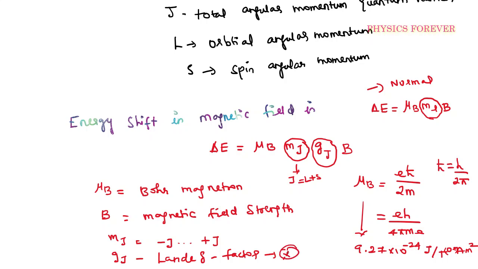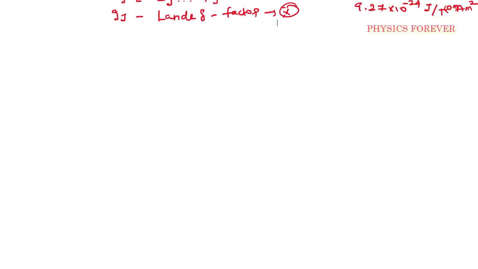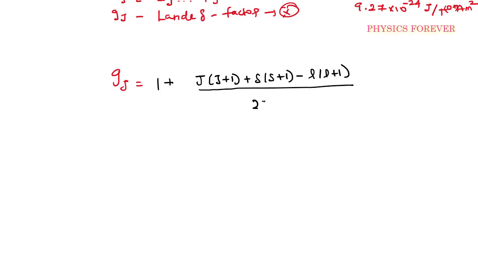The formula may sometimes be asked as a problem. The Landé g factor gj can be written as 1 plus [J(J+1) + S(S+1) − L(L+1)] divided by 2J(J+1). Most important.